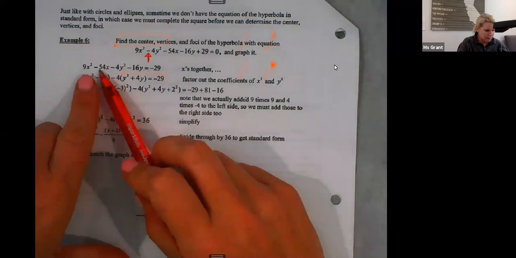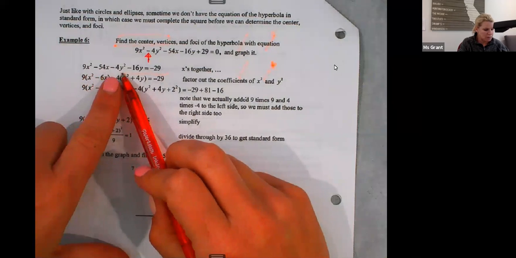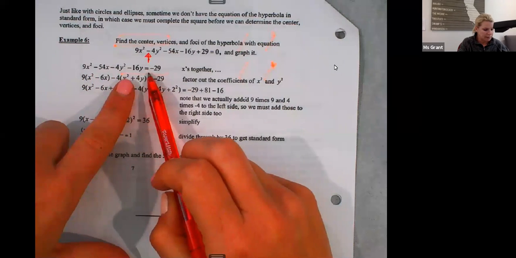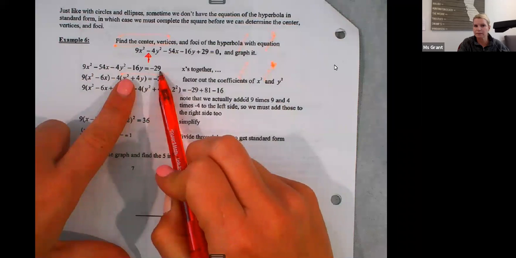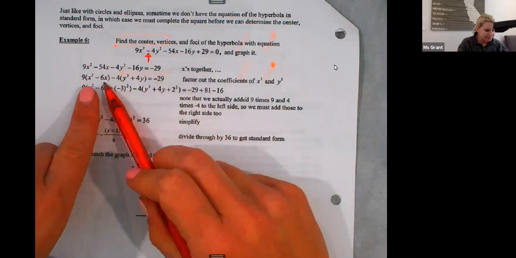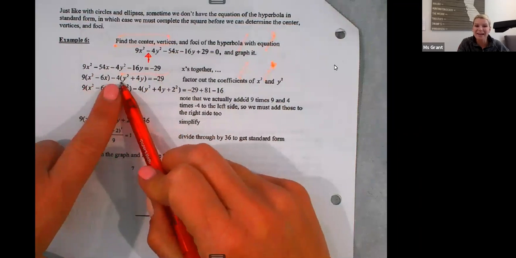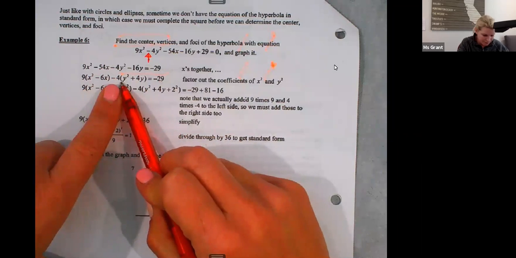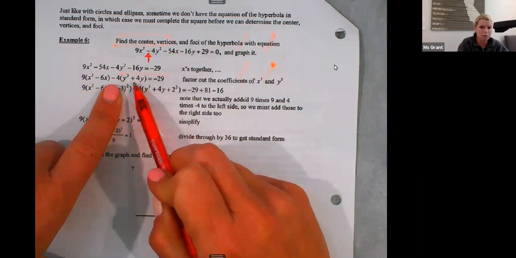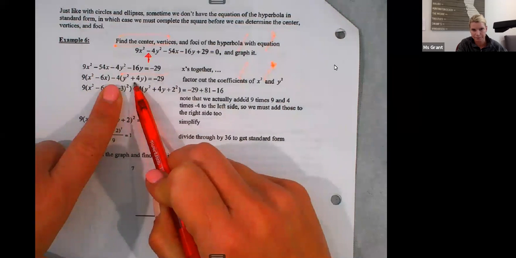9x squared minus 54x minus 4y squared minus 16y. Move the 29 over to the right-hand side. Factor out a 9, and then I'm going to have to factor out a -4. And if I factor out a -4 from -16, that's where the +4 comes from.